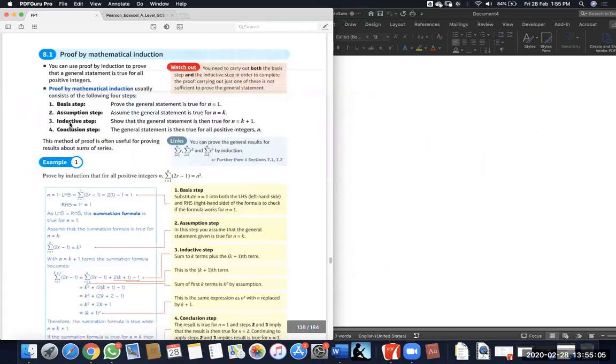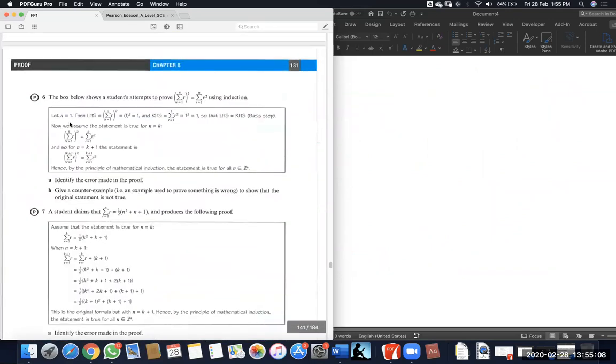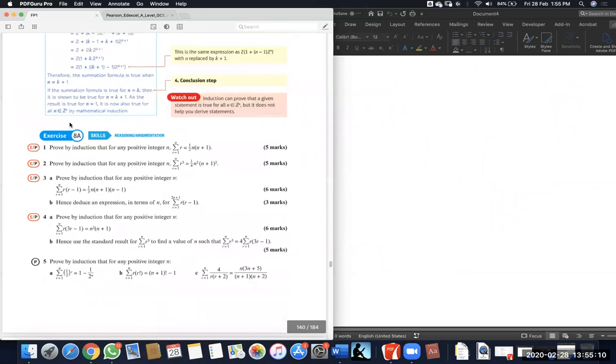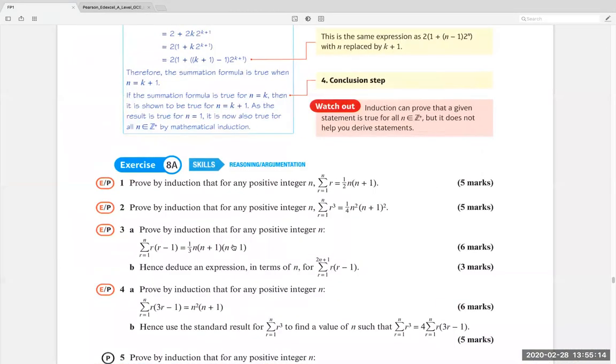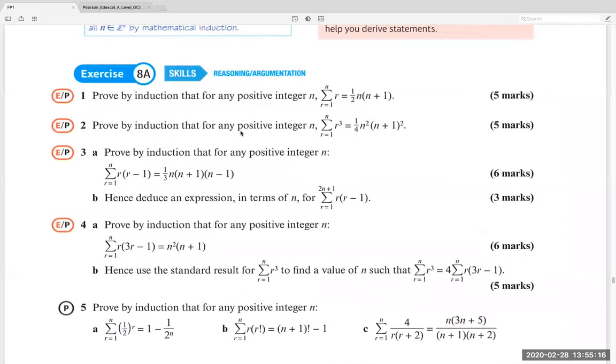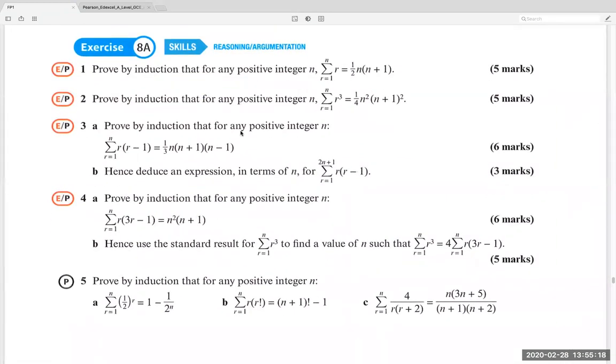But in this chapter, it's talking about mathematical induction. So you should stick to this method. If the question asks you to prove by induction, and you are not using induction, then you get 0 marks. So everyone take out your pen and pencil to do this question, take a photo and send it in the group. Which question? Question 3A.